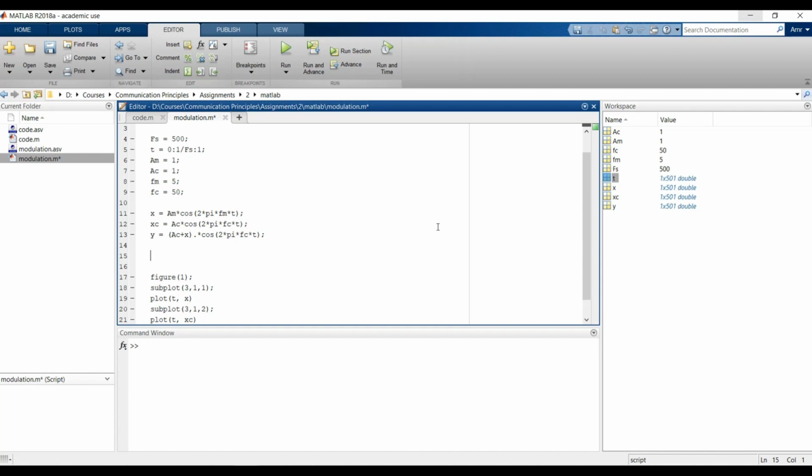I will call my spectrum here x1, and then I'm going to take the absolute value in order to avoid negative numbers, and use fftshift to shift our frequencies closer to 0, and then use fft for the fast Fourier transform of y, our signal here, and that should be it.